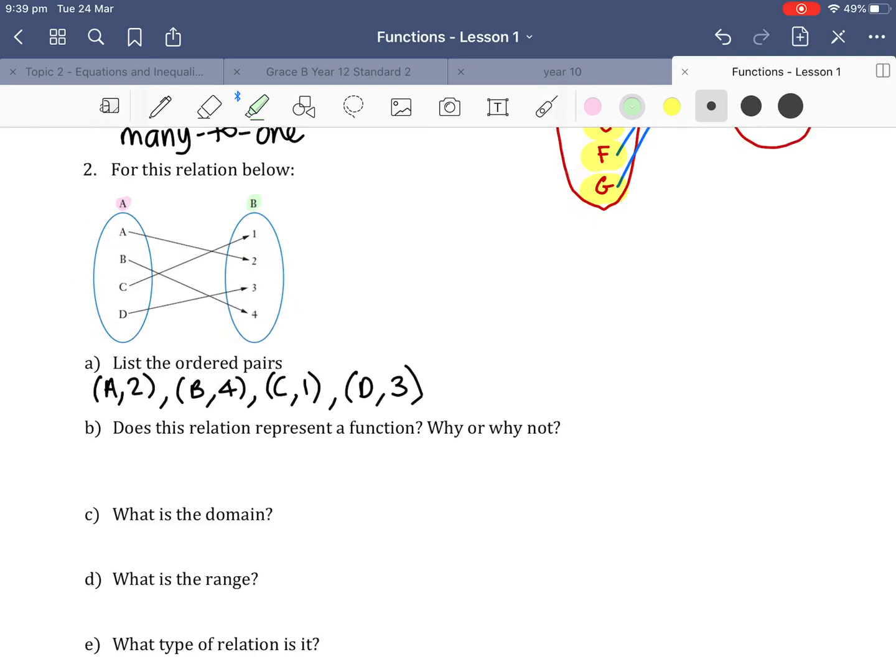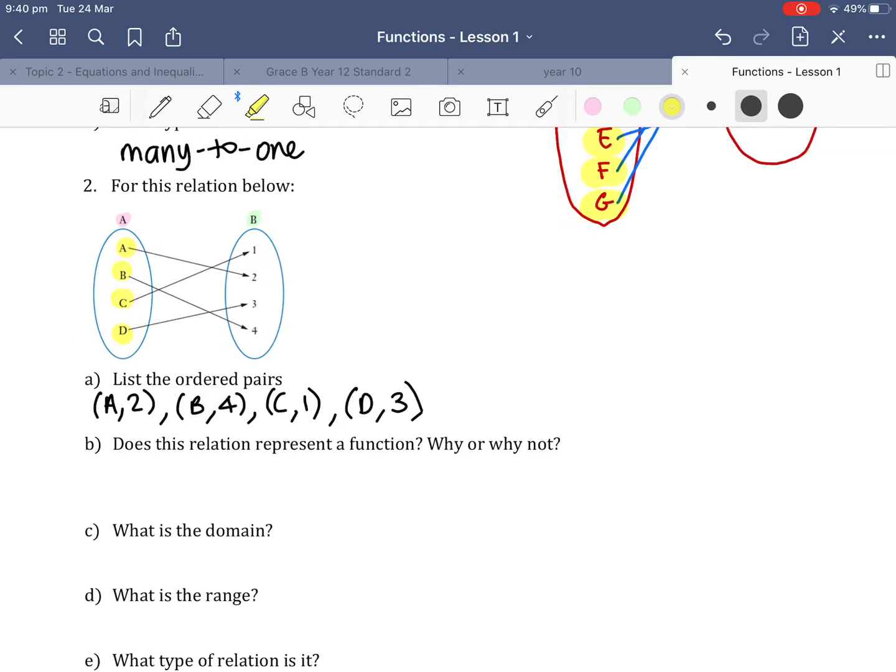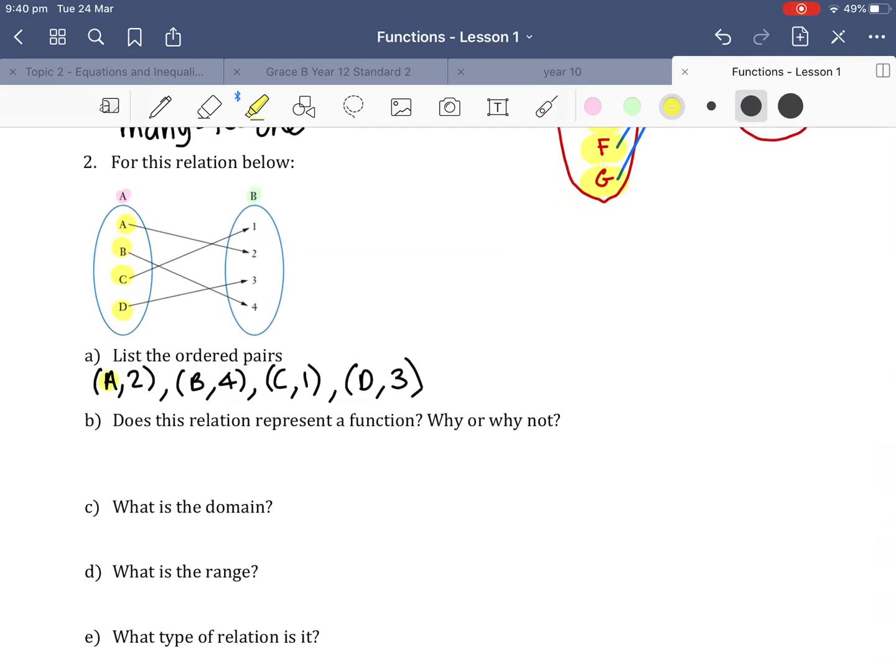Okay, does this relation represent a function, why or why not? So we have drawn this, and when we look at it, remember that every X value, if it's a function, should only have one thing coming out of it. So every X value should only appear once in our set of ordered pairs. Because this occurs, it is a function.